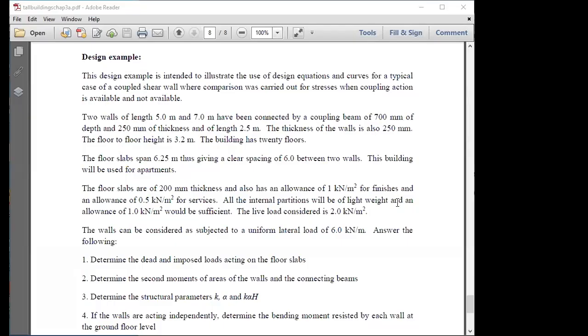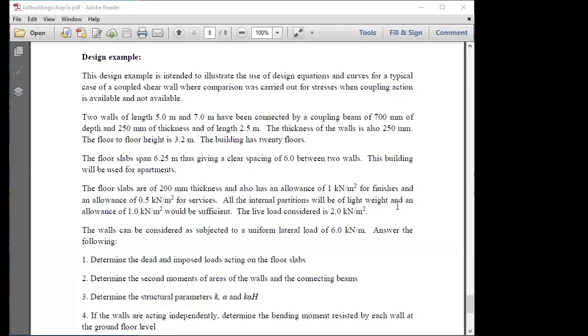Allowance for finishers 1 kilonewton per meter squared, services 0.5, and again 1.0 for partitions.